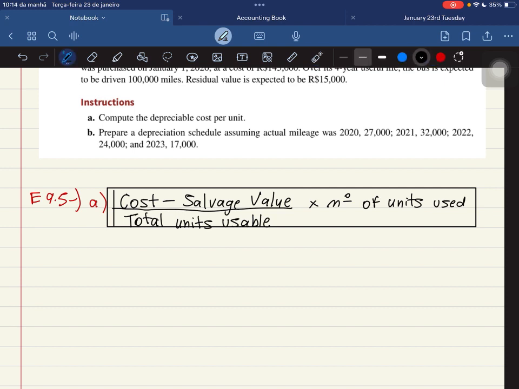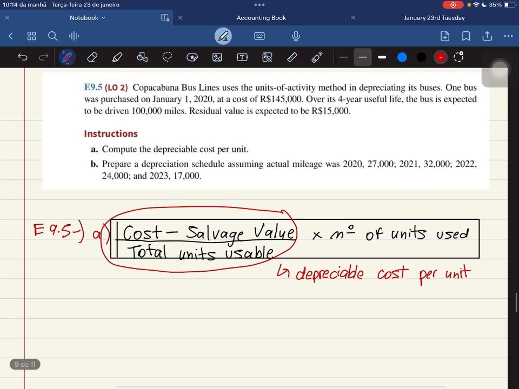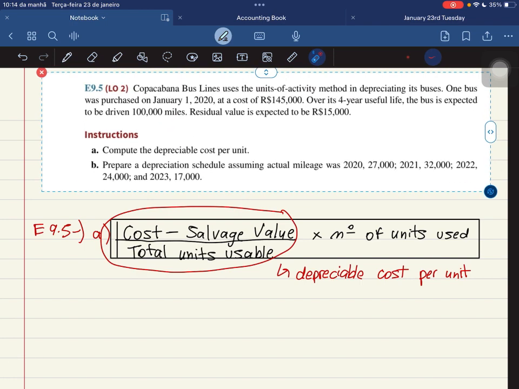If we just calculate this part over here, we actually get the depreciable cost per unit. And what does that mean? That means that per unit that I use, in this case, per mile that I run, I would be spending a specific amount of reais, this currency, okay?